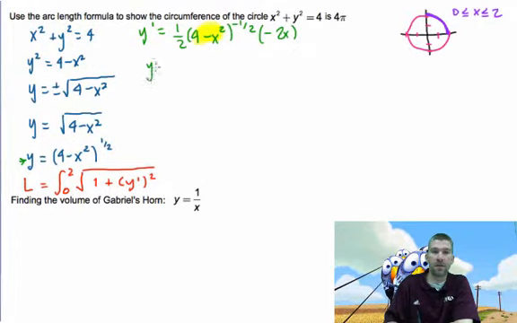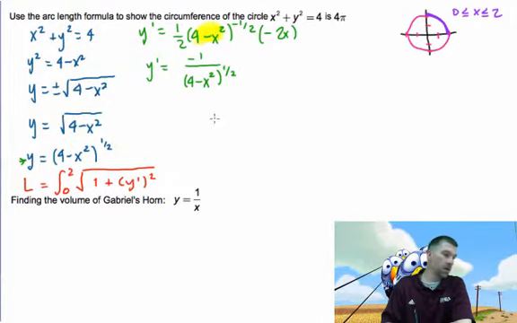So I can simplify my problem a little bit, and y prime becomes, the 2's cancel, negative 1 over 4 minus x squared to the 1/2 power. Okay. All right. Not too bad. So let's put this into our arc length formula.